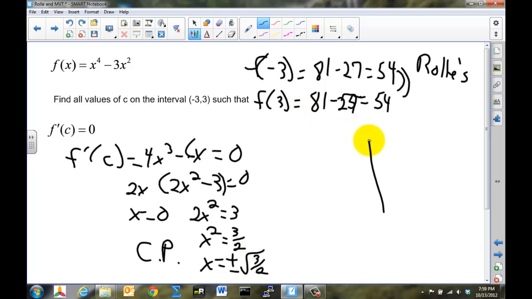So let's just take a moment and try to look and see. We know that at 3 it's at 54, and at -3 it's 54. Well, what else do we know? We know it has critical points. We know it has the derivative equals 0 at 0, and then at square root of 3 halves and negative square root of 3 halves.